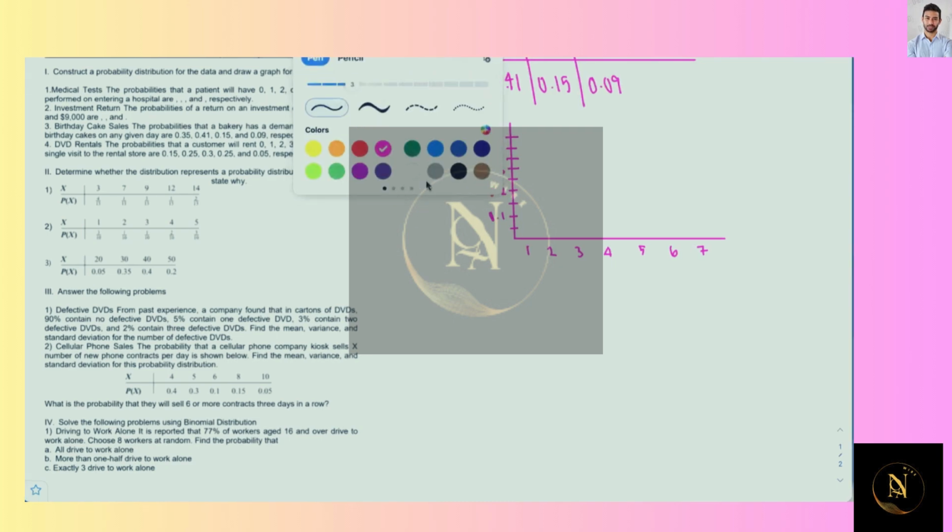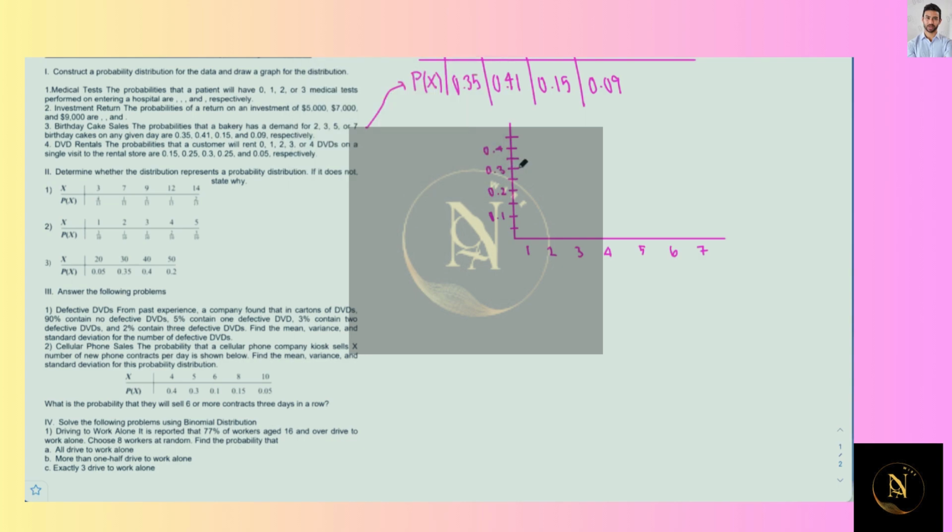So then 0.35, that's the height of 2. We got some kind of bar here for 2. For 3 is 0.41, somewhere around here.